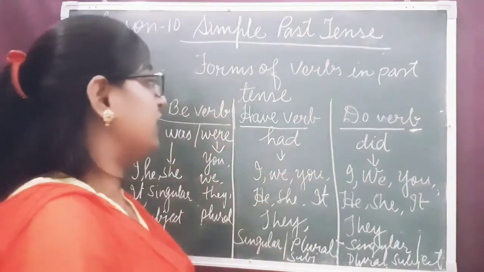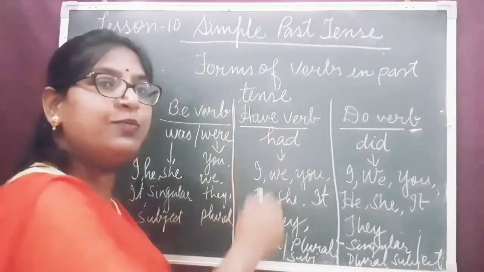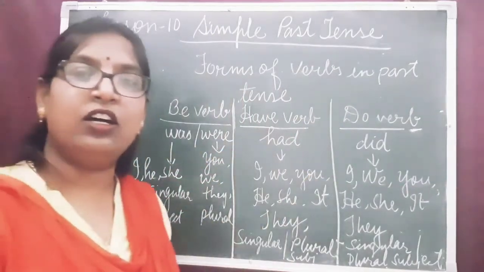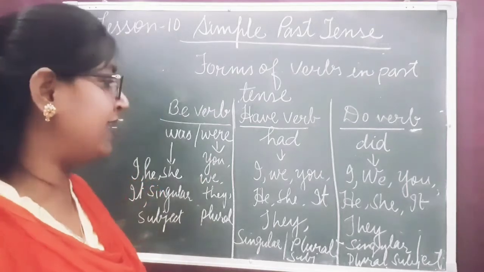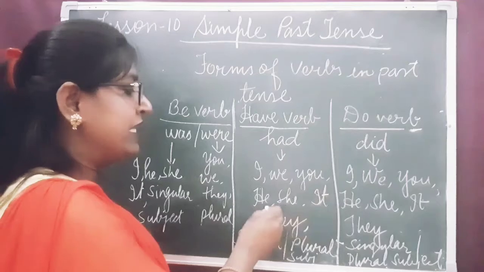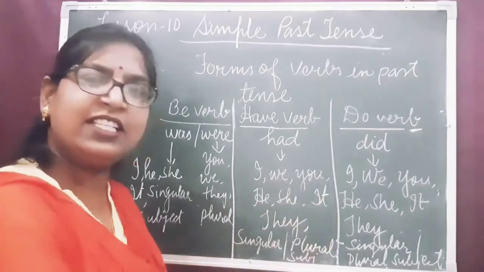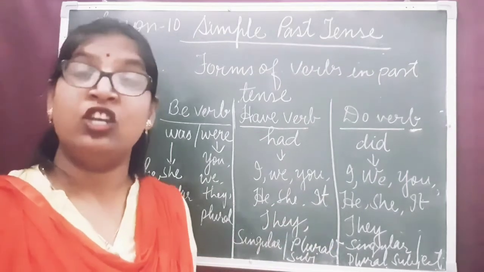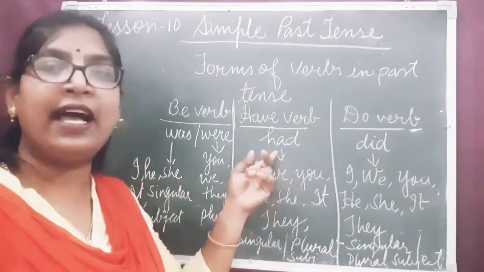Then come the forms of have verbs. We use the verb had in past tense when the subject is I, we, you, he, she, it, they or any singular or plural subject. For both we use had.